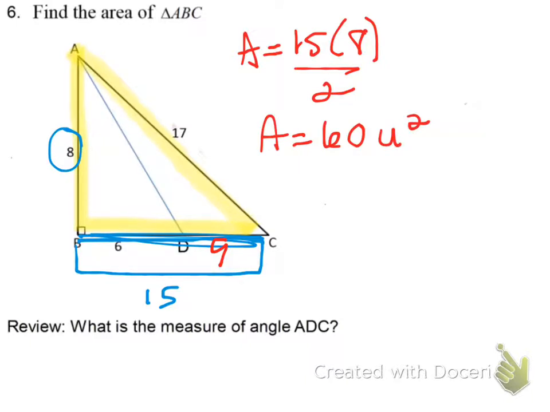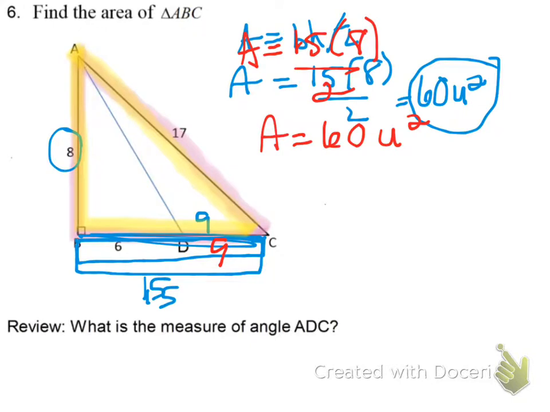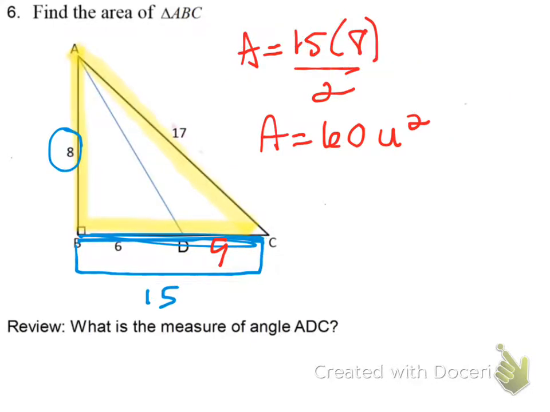Okay. Now this next question says, what is the measure of angle ADC? That would be this angle right here. Think about in the last couple of units, anytime you had to find an angle, you had to do inverse trig.